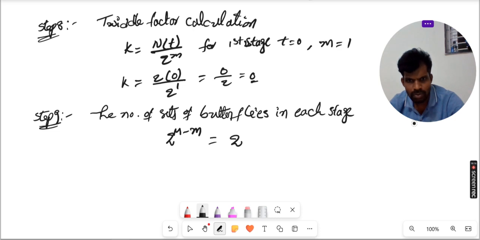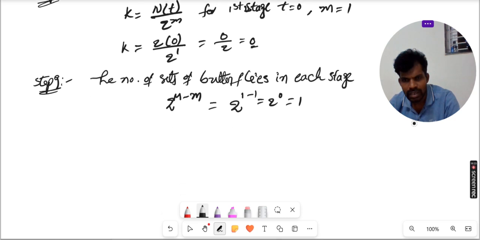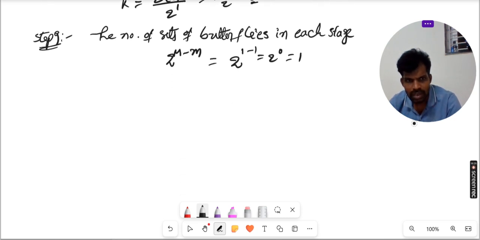By substituting, 2 power 1 minus 1 is 2 power 0, which is equal to 1. That is the number of sets of butterflies in each stage. That is 1.